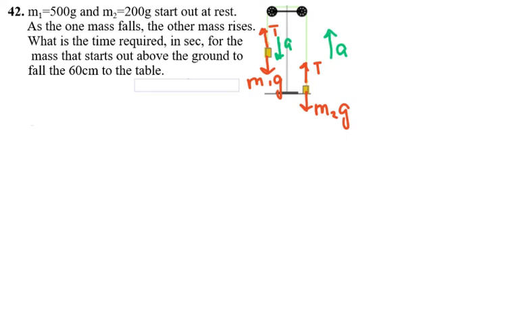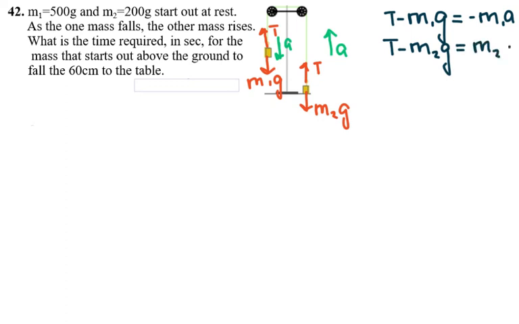So I have the equations. Net force is equal to ma. For the first one, I have tension minus m1g equals, acceleration is down, negative m1a. And for the second, I have tension minus m2g, and acceleration is positive, so that's m2a.